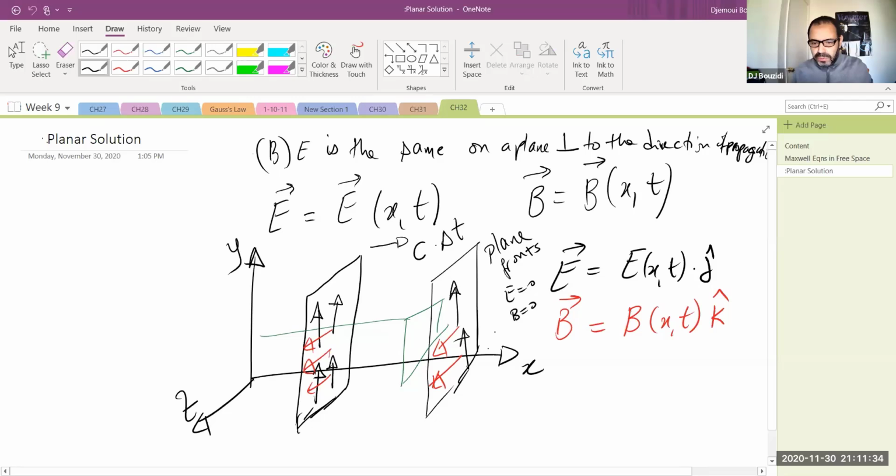So this is the undisturbed region, while this wave made out of these planes is moving towards it. At some point, when the plane solution reaches it, we're no longer going to have E equal to 0 and B equal to 0 everywhere. So this is the only condition I'm going to have in here, because that is the direction of propagation. So the x direction better be undisturbed before that plane solution hits it.